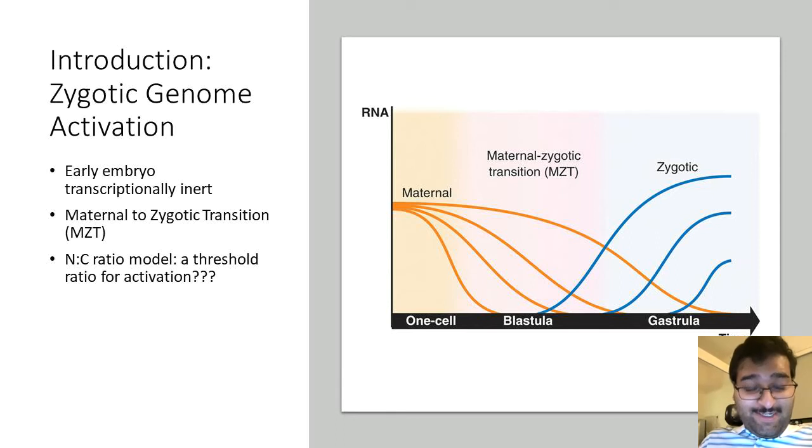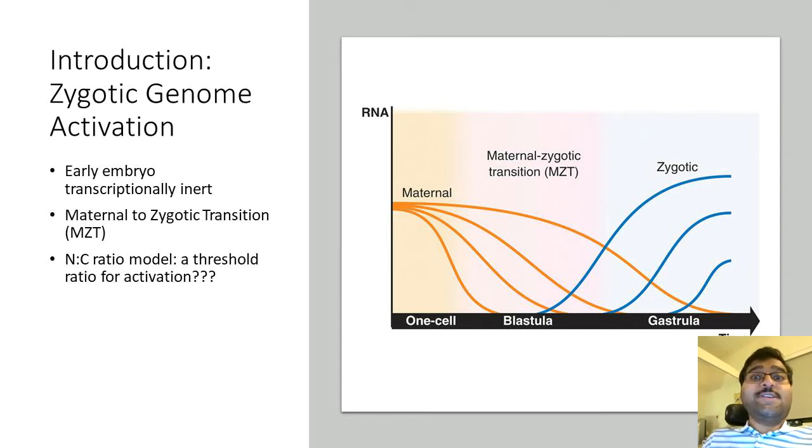And since the 1980s, there's been a widely held hypothesis that the MZT is caused by an increase in the nuclear to cytoplasmic ratio. This means that as the embryo is rapidly dividing through the first several divisions of embryonic development, the ratio of the total DNA content in the embryo to the cytoplasmic content increases.